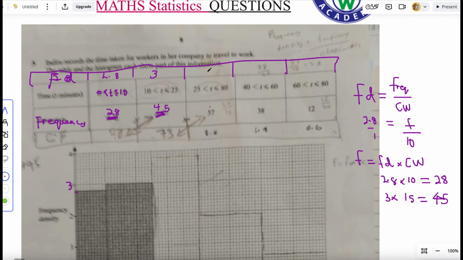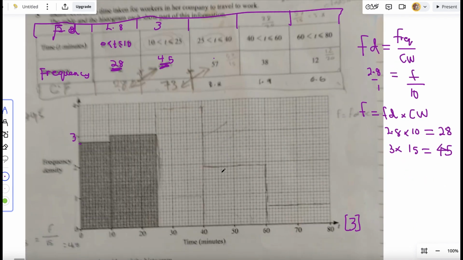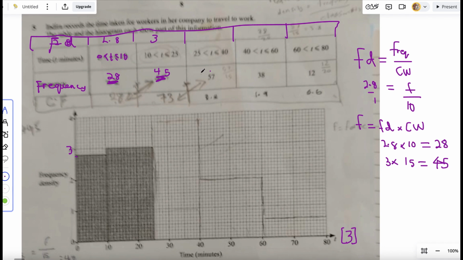Now let's calculate the frequency density of the third one. First of all, what is the class width? What's the width of the class from 25 to 40? That is 15. Remember, frequency density is frequency over the class width.